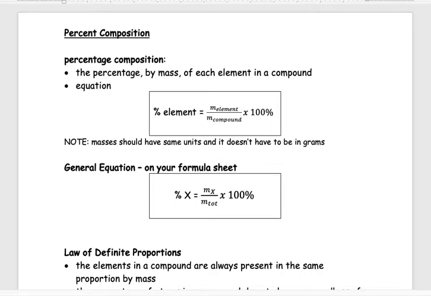For example, with sodium chloride, NaCl, how much mass does the sodium bring? How much mass does the chlorine bring? There will be a total mass, and then you look at what percent the sodium makes up and what percent the chlorine makes up, and then present those. That's what we're trying to find today, percent composition, and we're going to analyze the percentage by analyzing the mass.